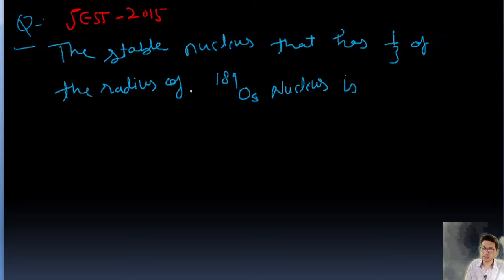So we need to find the stable nucleus that has 1 by 3rd of the radius of the 189 OS nucleus.